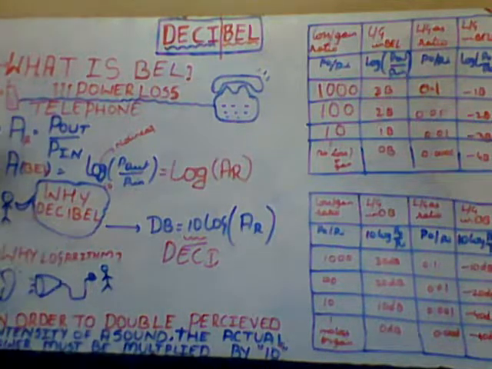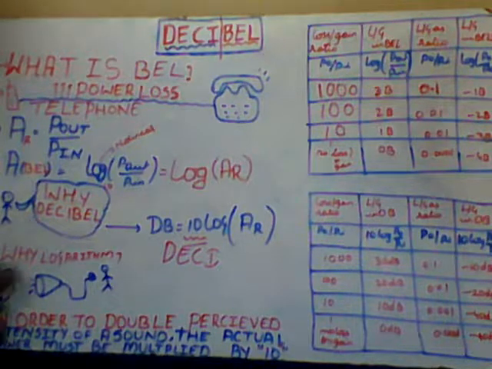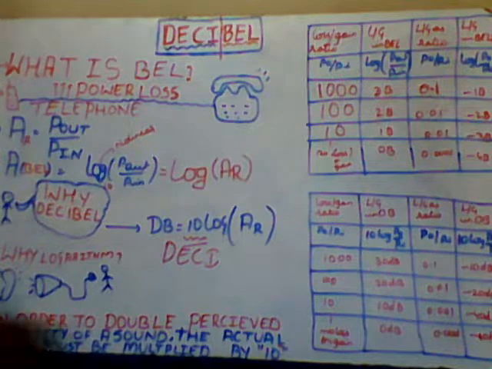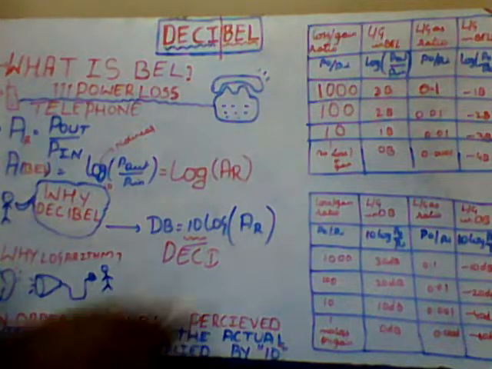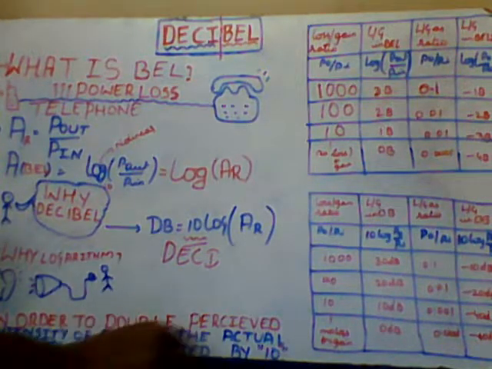In a similar way, the human eye works in the same process. In order to double the perceived intensity of a sound, the actual sound power must be multiplied by 10.